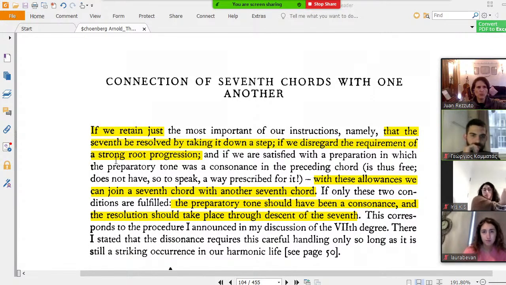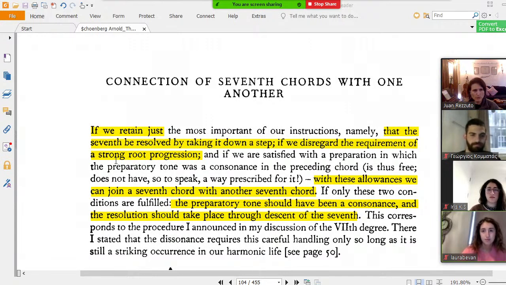What was the root progression that we needed to have in a seventh chord? A leap of a fourth forward, ascending. Exactly. Very good, Laura.